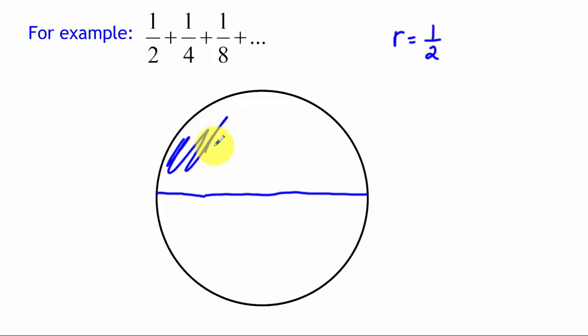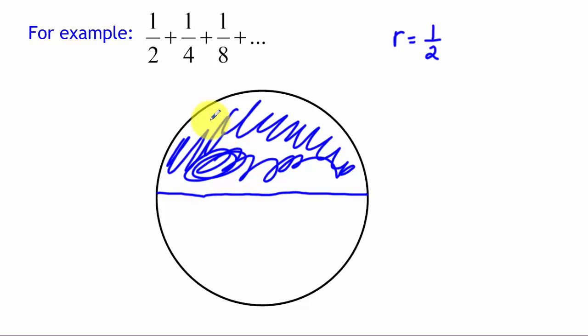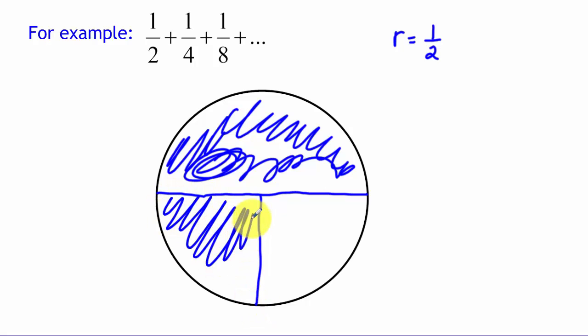This is representing our 1/2. So that's this part. And now the next term is half of the previous amount. So that's going to be a 1/4. And the part that's shaded is the sum. So right now when we add those two terms, we've got 3/4.